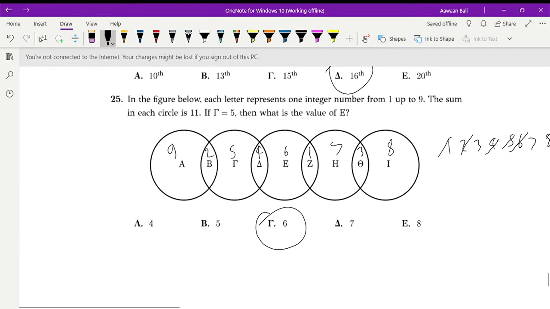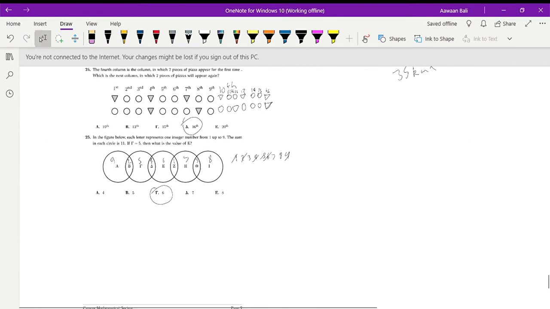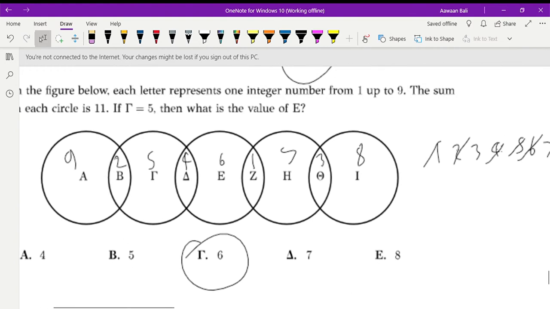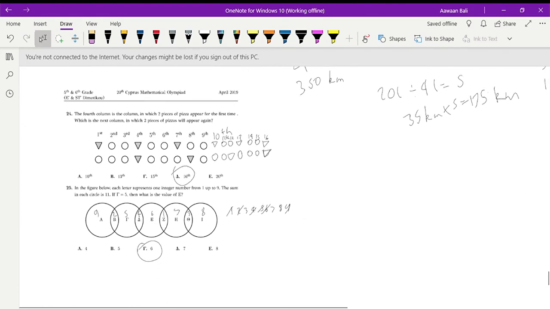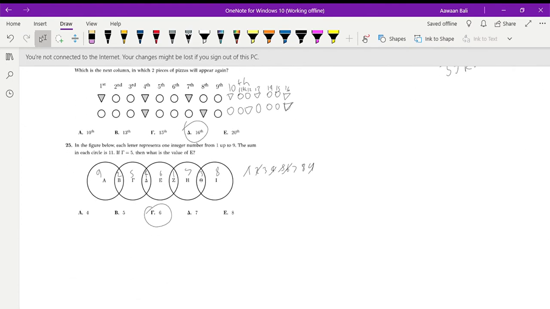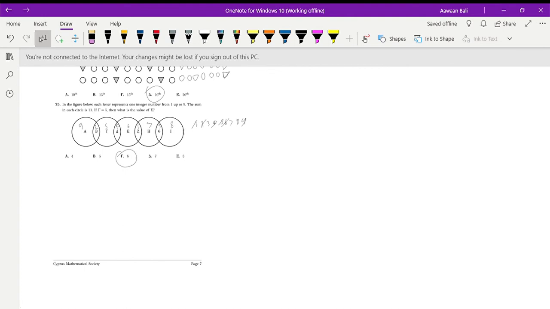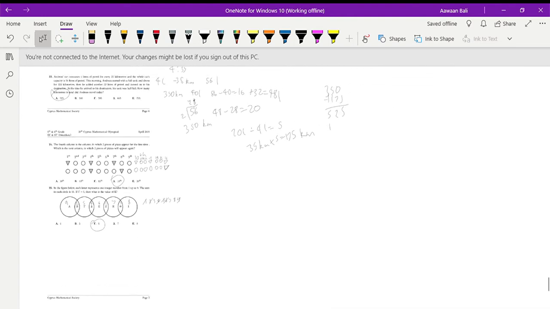That all works, which means eta is 6 and gamma is the answer. Maybe sometimes for you it will take more than one try, but it works in the end. You just have to get the correct combination as shown here, and you'll be fine, and you'll have finished the paper.